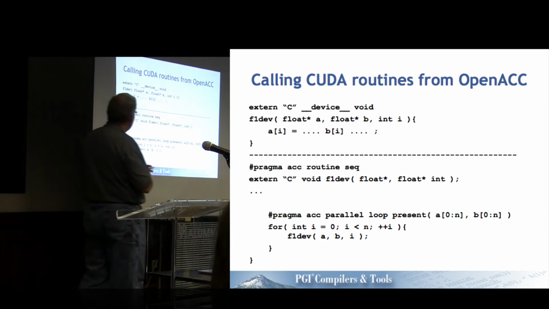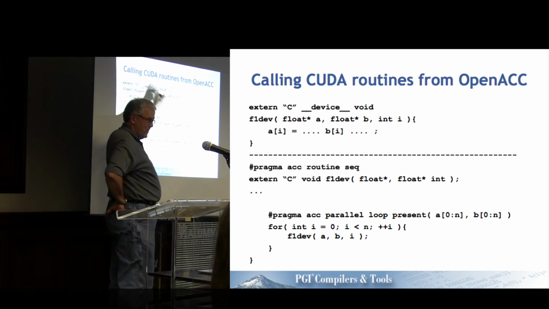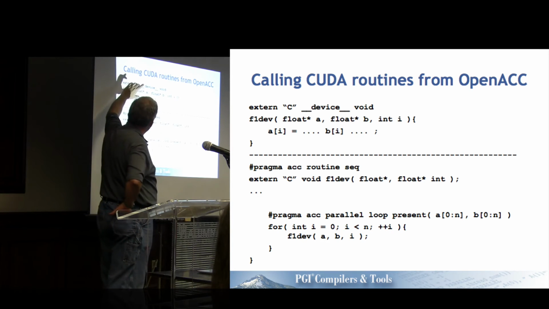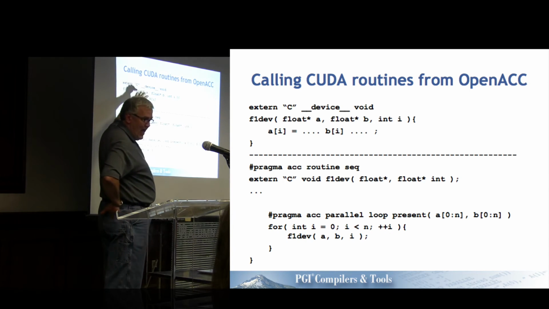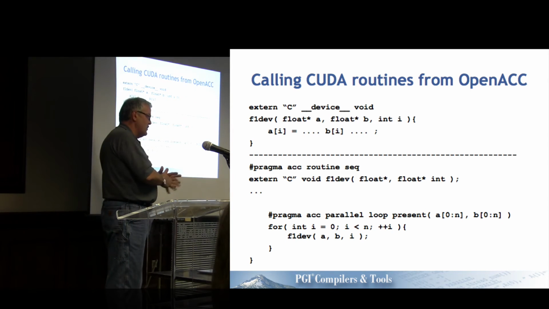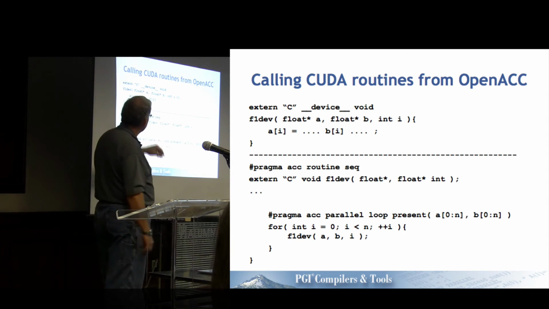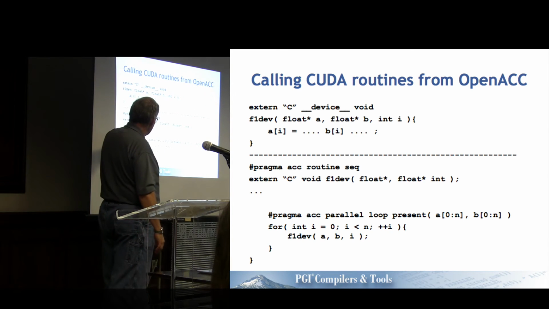But now you can. Here I've got a CUDA description with the device keyword that says this is a routine that will be called on the device itself, which is separate from a kernel routine. A kernel routine is launched from the host. A device routine is called from a kernel routine or another device routine. What I want to do is call that routine inside here.